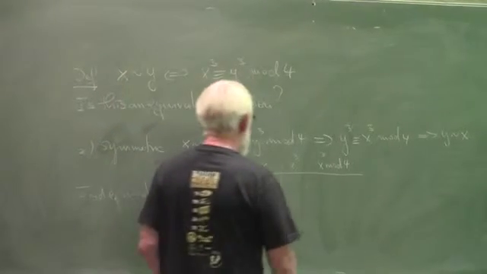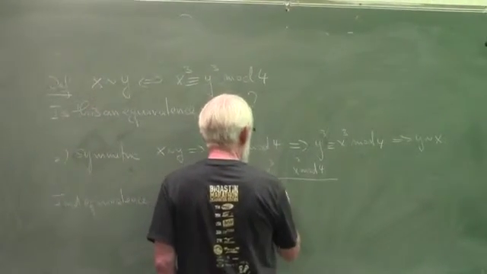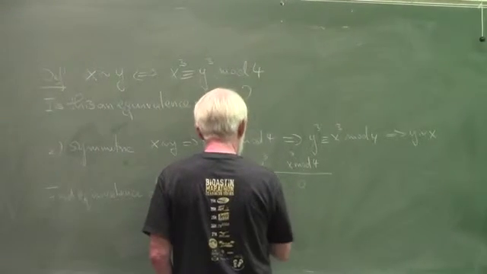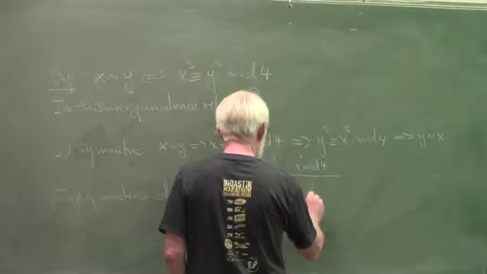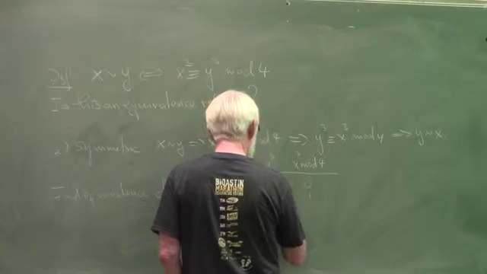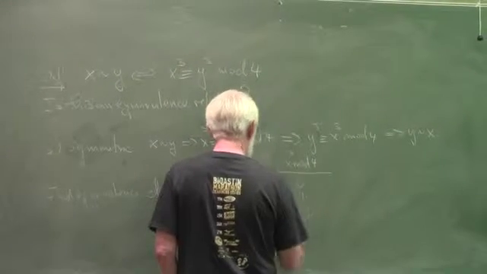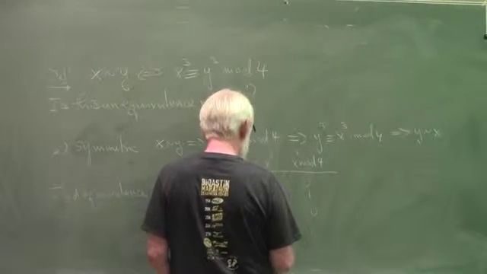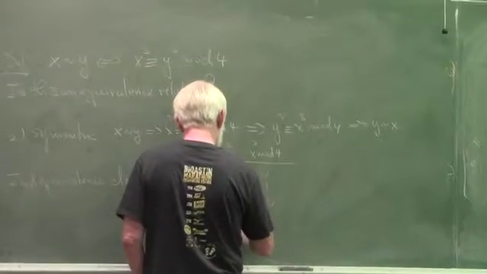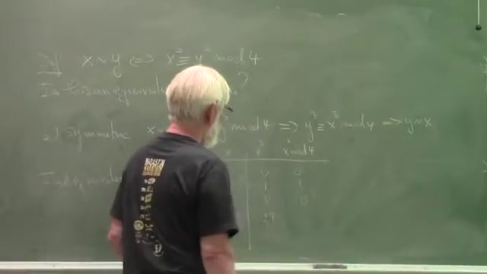If you take 0, you get 0, you get 0. 1, 1, 1. 2, 8, 0. 3, 27, 3.